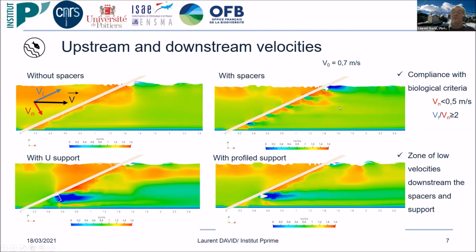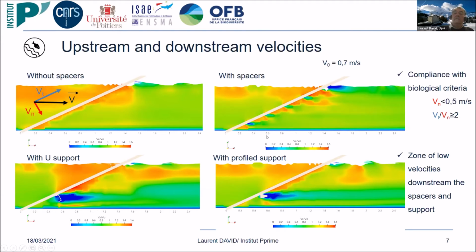And to be homogeneous downstream, you need a larger length in the case when you have, for example, a U support or a profile support than if you have only spacer. Also, it's important to be sure that when you place your turbine downstream, you are far enough from your bar rack system.